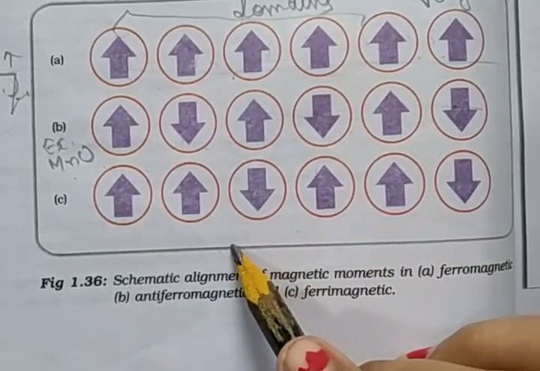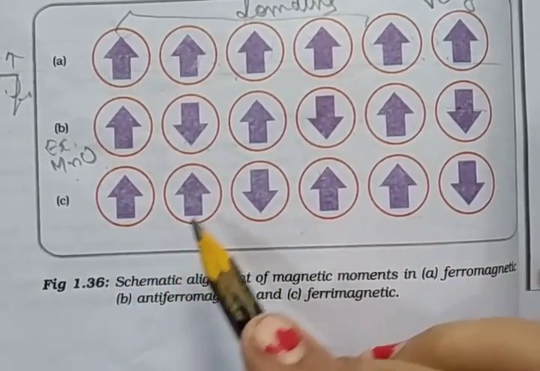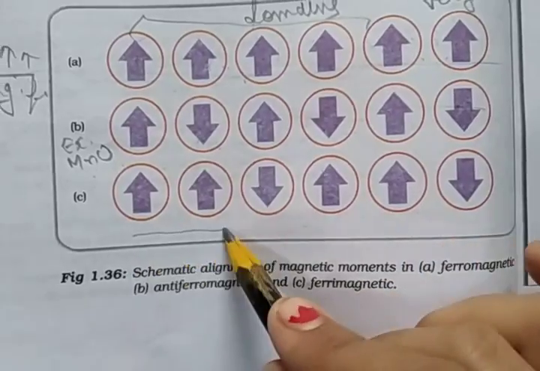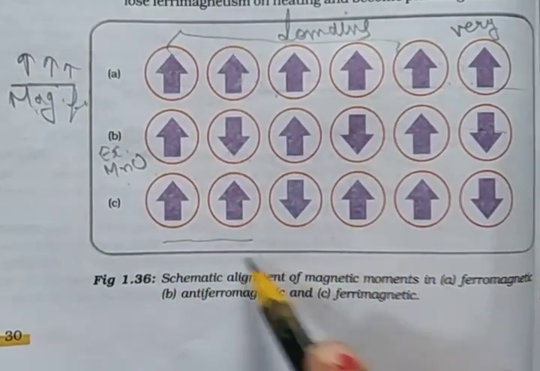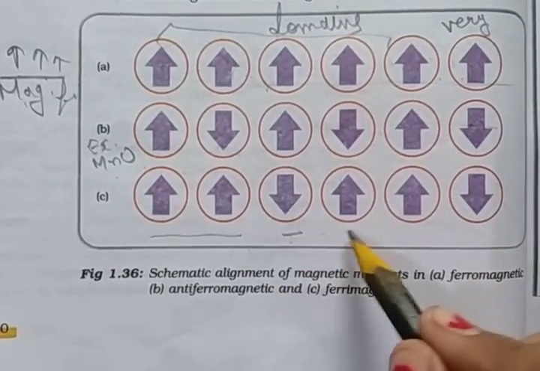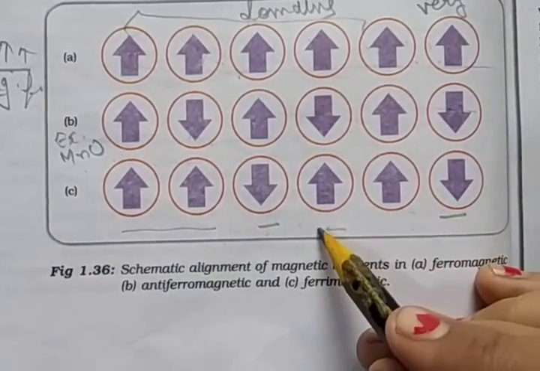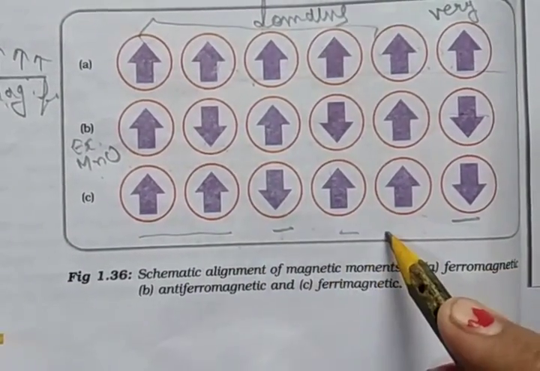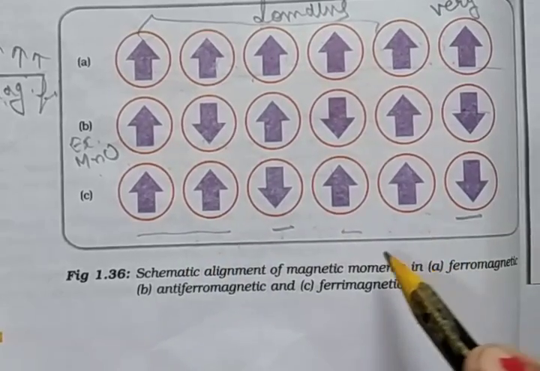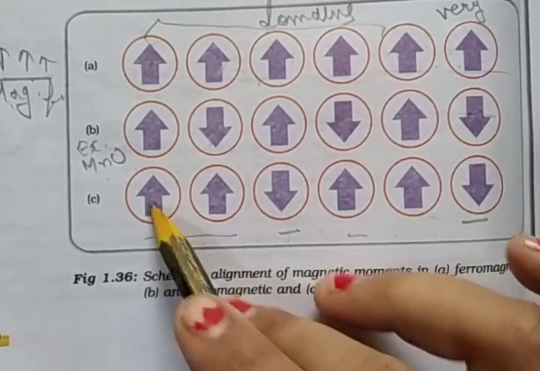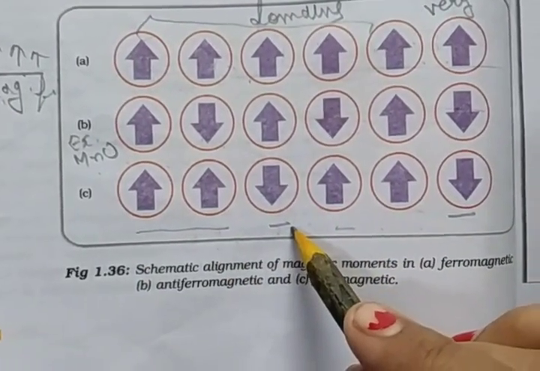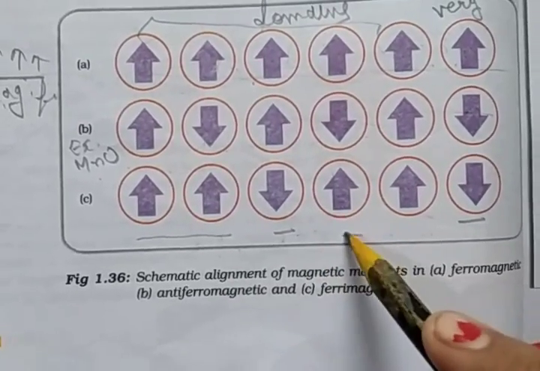Then third one is ferrimagnetism. Ferrimagnetism is observed when the magnetic moments of the domains in the substance are aligned in parallel and anti-parallel directions in unequal numbers.